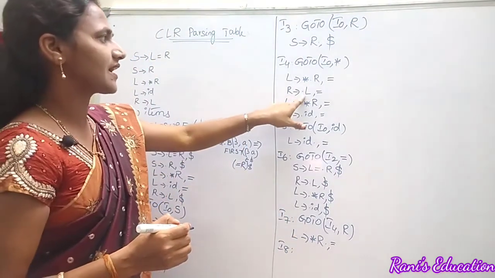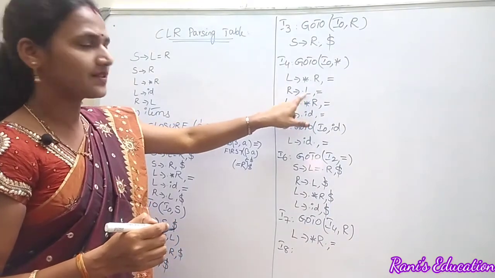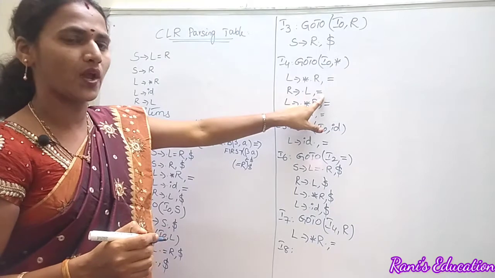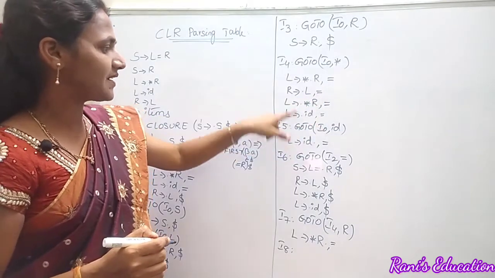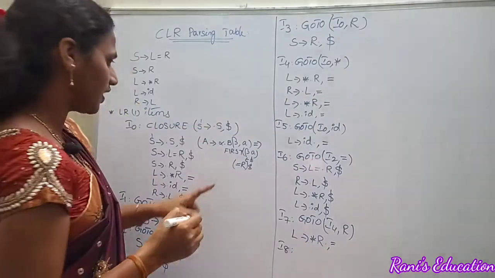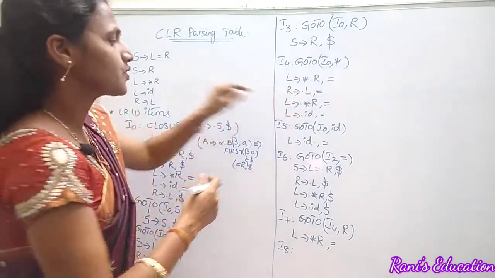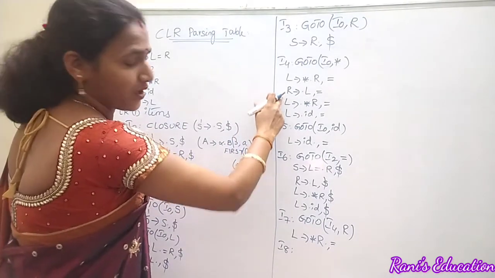So what about this second production in I4? Whether we have completed this production with the lookahead equal. So did we complete that? R derives dot L with the lookahead dollar. We didn't complete it anywhere so far, isn't it? So first we want to complete that production.